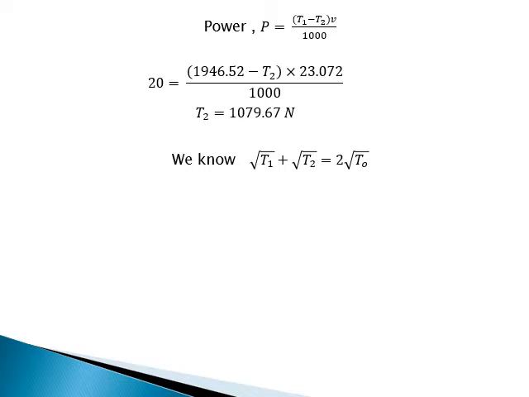So we need to calculate T naught, nothing but the initial tension in the belt, by substituting the values of T1 and T2 in this equation. We can calculate the initial tension, and it comes out to be 1481.39 newtons. So this is the initial tension in the belt.